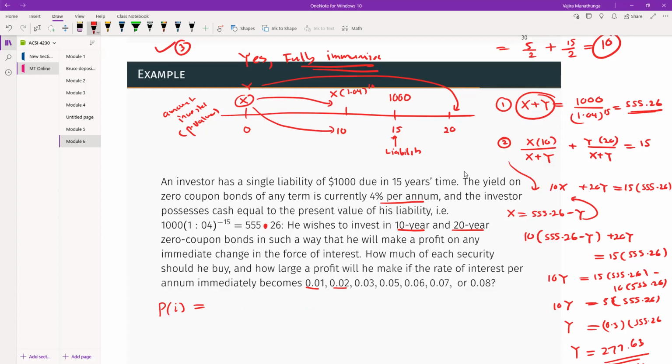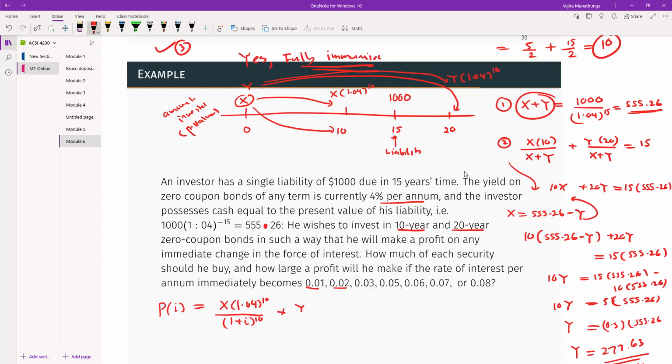Okay, and then Y times 1.04 to the 10. Okay, that is what you were expecting. So now we discount. X times 1.04 to the 10 divided by 1 plus i to the 10.